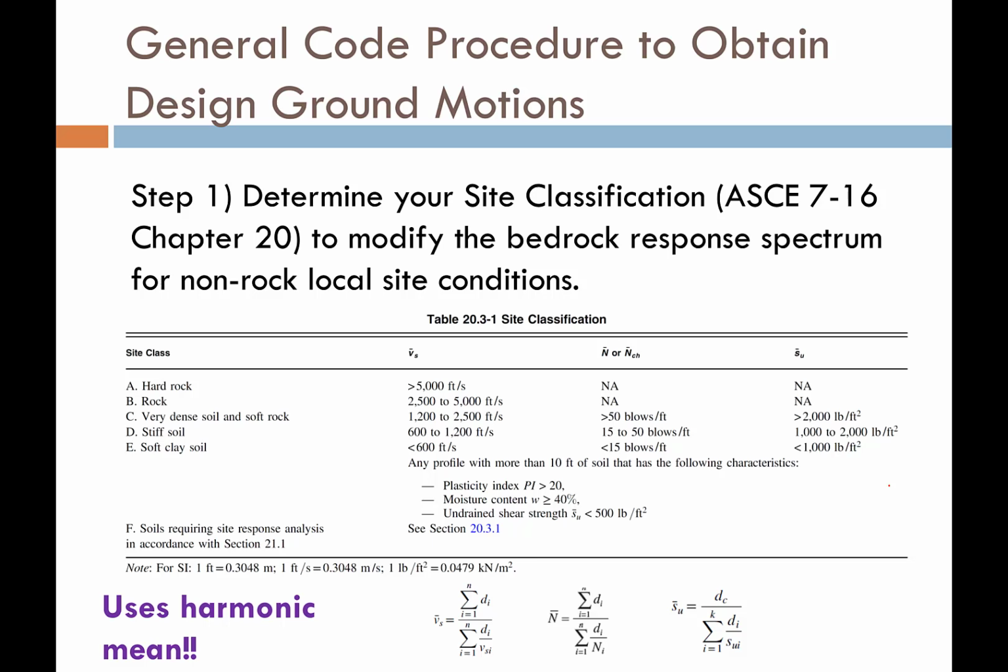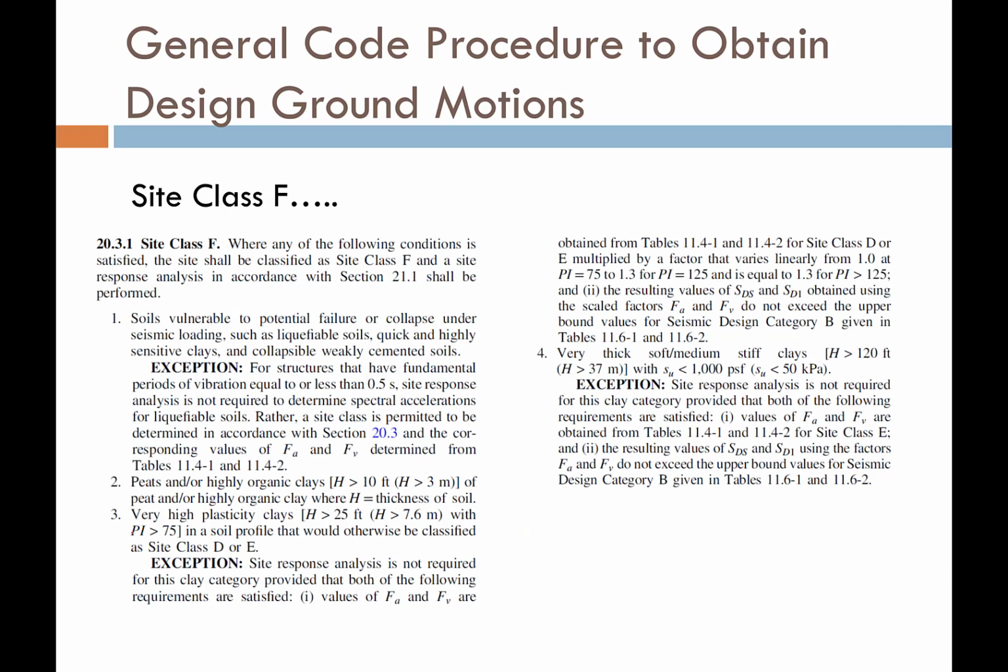Now, there's special consideration here for site class F, and you can see that it says soils requiring site response analysis, and that's because they're tricky soils. So site class F is any site that meets the criteria that are laid out here.